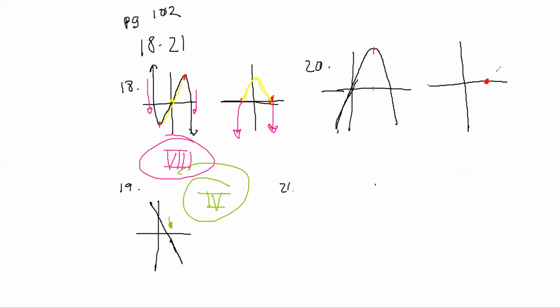So here I have line number 7, and here I have line number 2. And this in the peach is number 7. Number 2 is the one that has the 0 that is in the positive region.